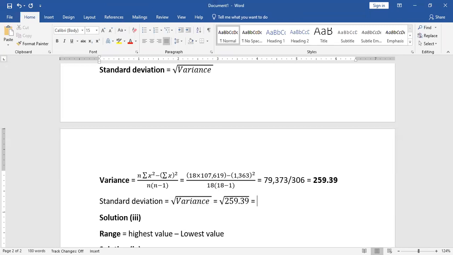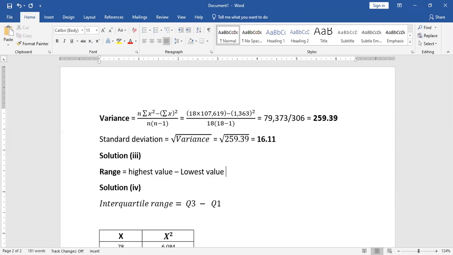The square root of that gives me 16.11 as my standard deviation. All right, so this was easy as long as you master the formula here, which is not really a difficult formula to master.